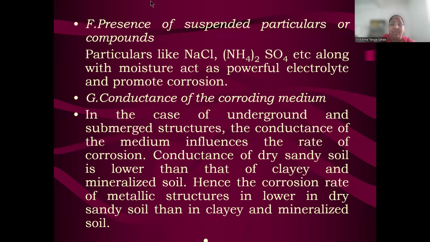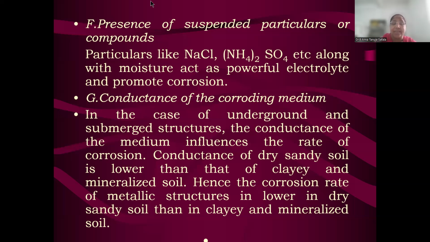To conclude, so far we have discussed what the factors influencing the rate of corrosion are. Broadly, we have classified them into two types: nature of metal and nature of environment. Nature of metal in turn depends upon different factors: position, purity, relative anodic and cathodic areas, their conducting characteristics, their volatility nature.